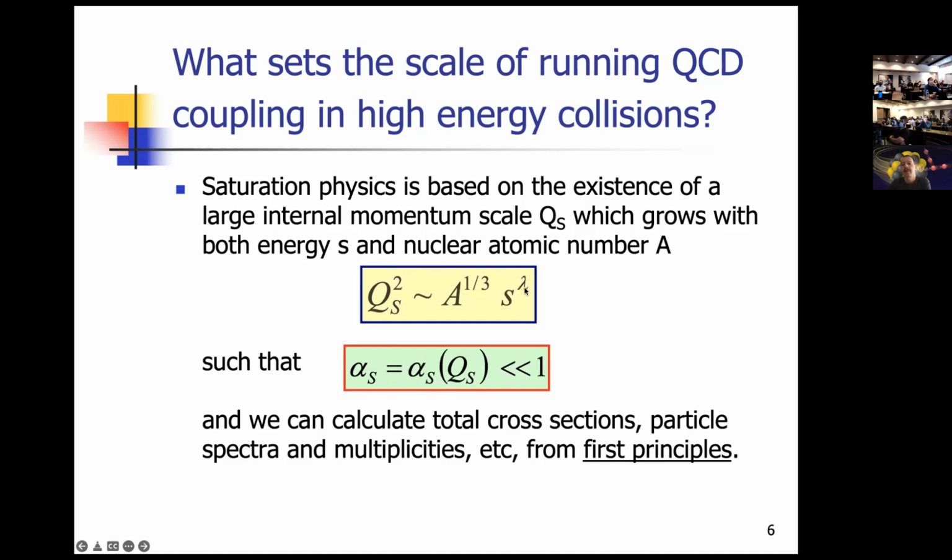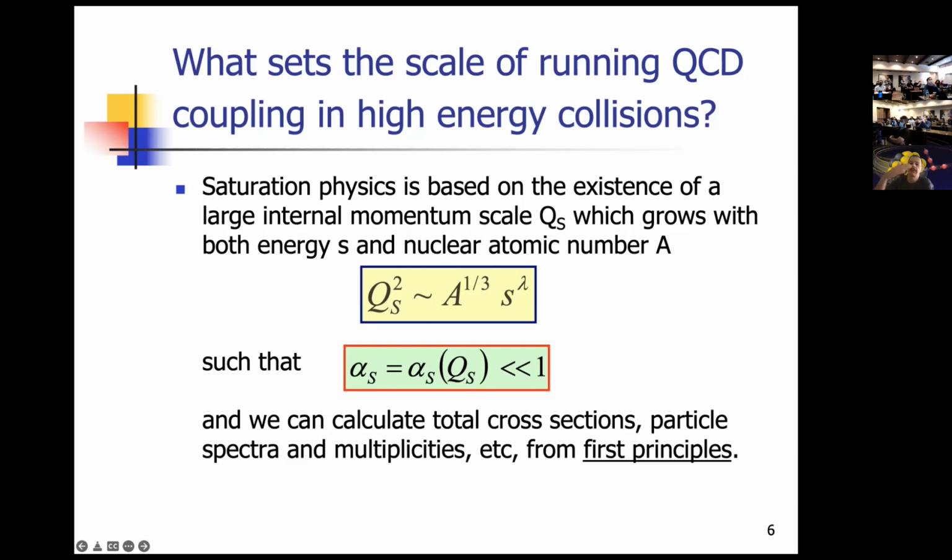This power lambda is calculated perturbatively in the expansion, and phenomenologically it's close to about 1/3 as well, such that in high energy collisions we have a scale Q_S which could be larger than lambda QCD. It's not as big as the center of mass energy, but nonetheless it could be hard, and it can make the coupling small, and therefore allow us to do perturbative calculations.